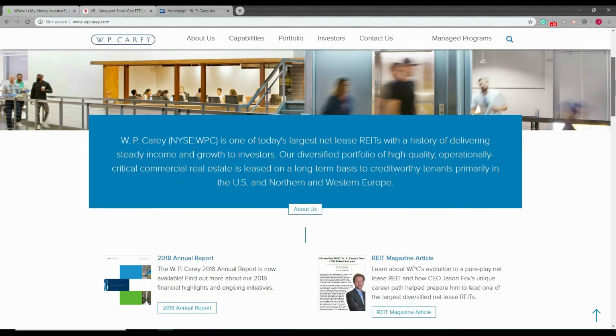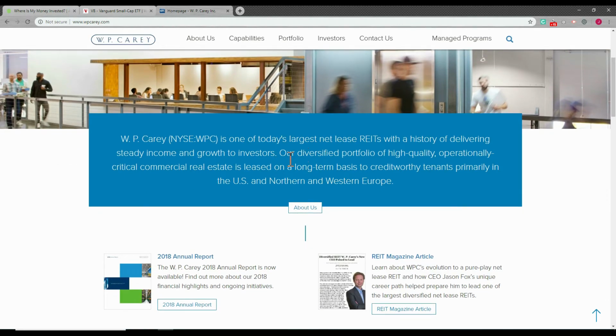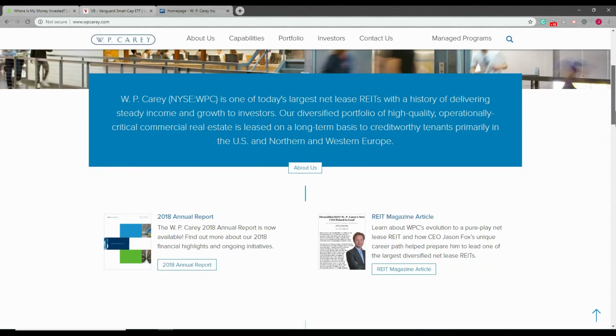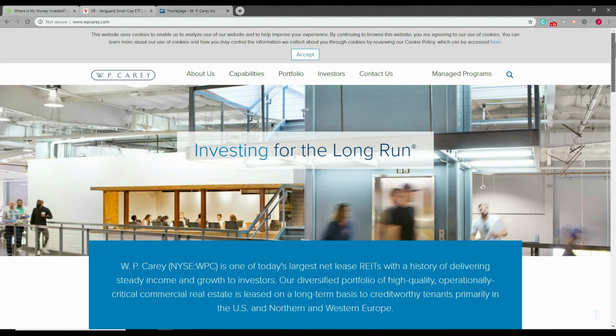So it'll house different things. And so you can see here what it's about. Our diversified portfolio of high quality, operationally critical commercial real estate is leased on a long-term basis to credit-worthy tenants primarily in the U.S. and Northern and Western Europe. That's a pretty nice description. That's an interesting description. But here you can just see what the company is.